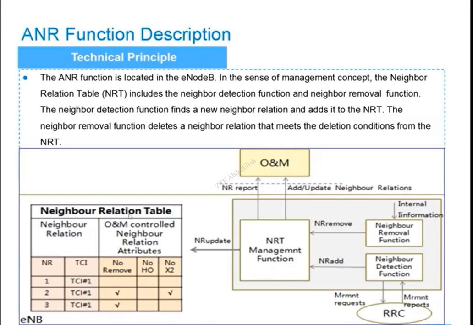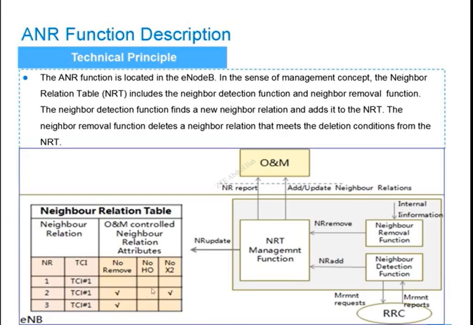Every neighbor relation maps to one target cell ID. Different neighbor relations may have different neighbor relation attributes. For example, in this table, for neighbor relation 1, the target cell is 1. This target cell cannot be removed from this table.